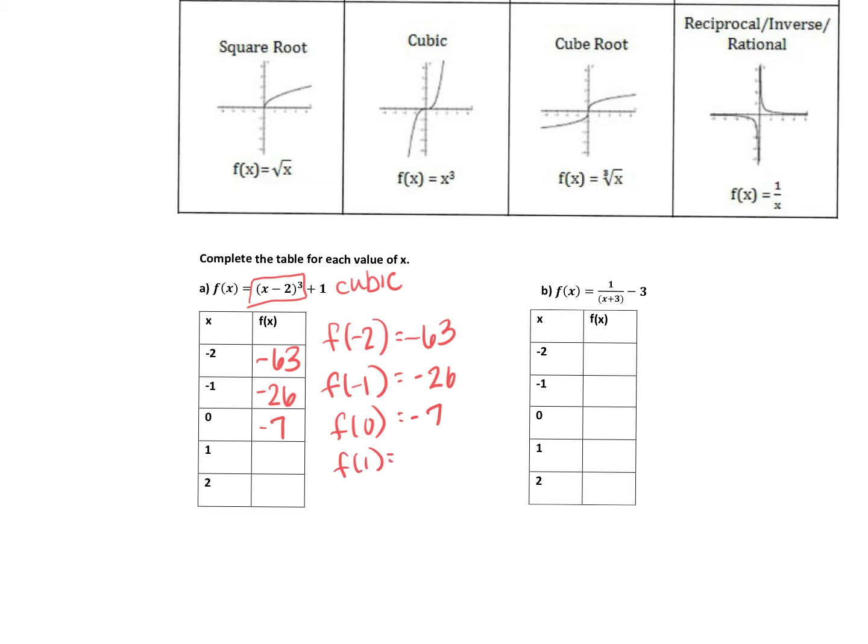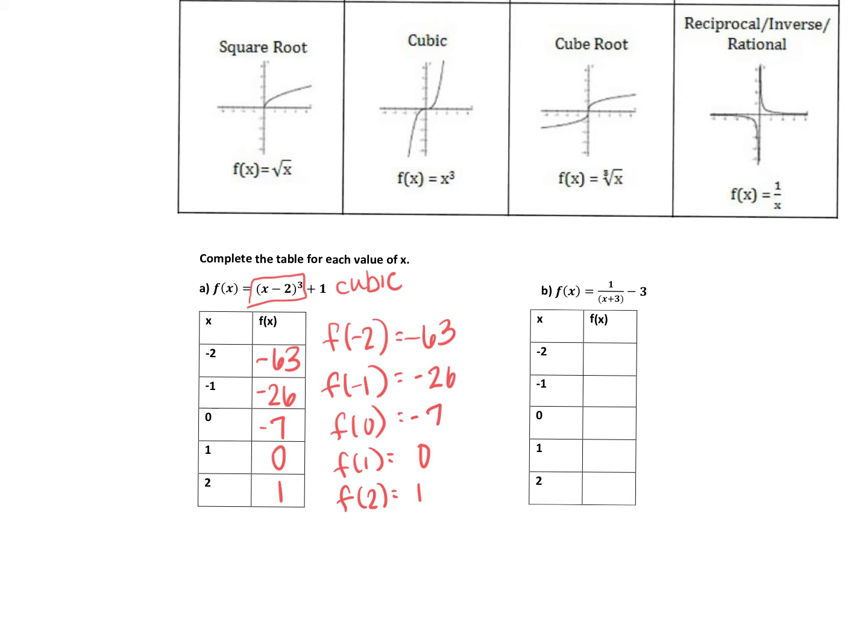Plug in 1. 1 minus 2 is -1. -1 cubed is -1 times -1 times -1. That's just -1. Plus 1 is 0. And then finally, we have f of 2. Well, 2 minus 2 is 0. 0 cubed is just 0. Plus 1 is 1. So we're going to be able to create the function by doing things like this.